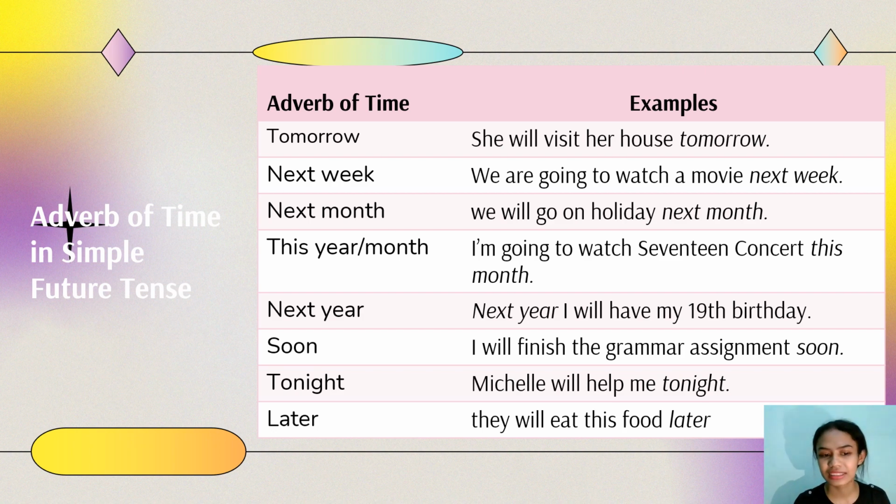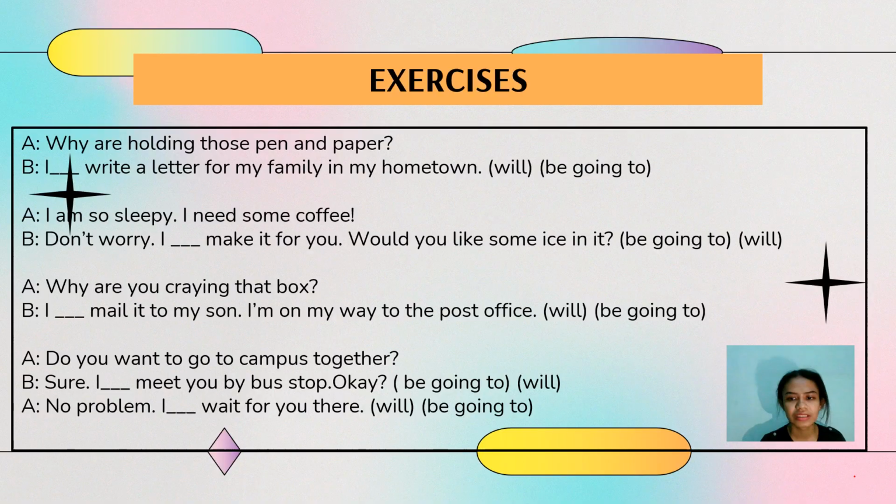Okay, next. Exercise in the simple future tense. A said, why are you holding those pen and paper? B said, I blah blah blah write a letter for my family in my hometown. The answer options are will or be going to. And the answer is be going to.